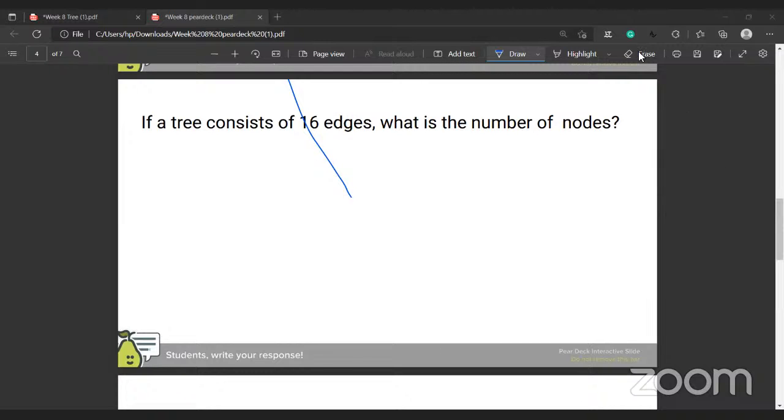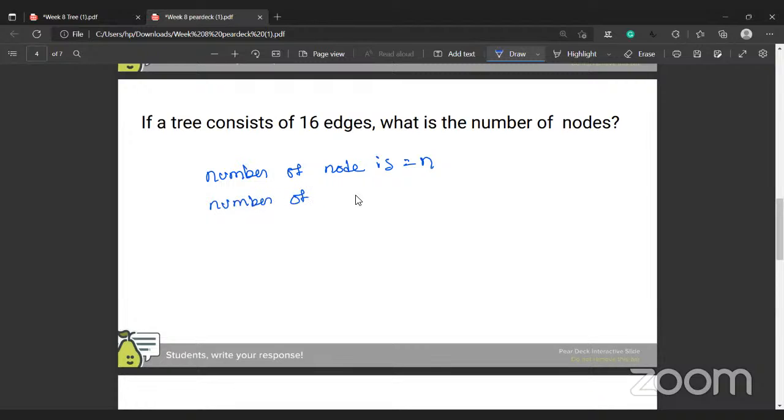If a tree consists of 16 edges, and the number of nodes is n, the number of edges equals n minus 1.